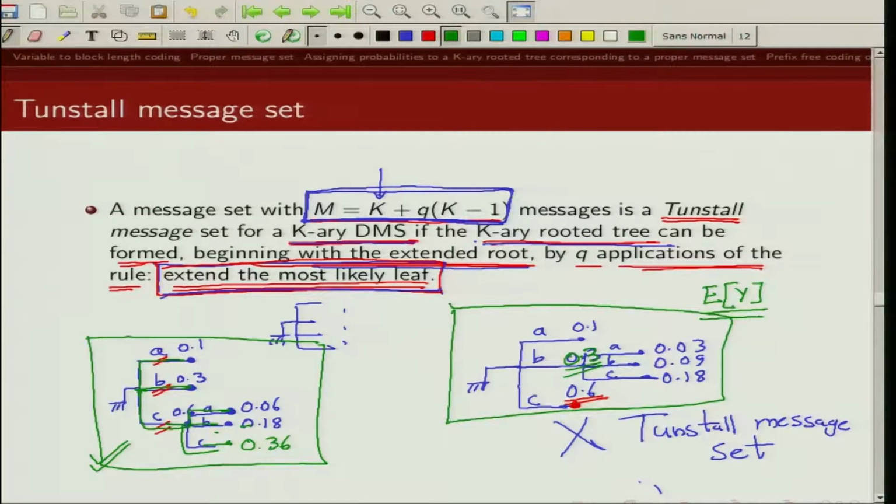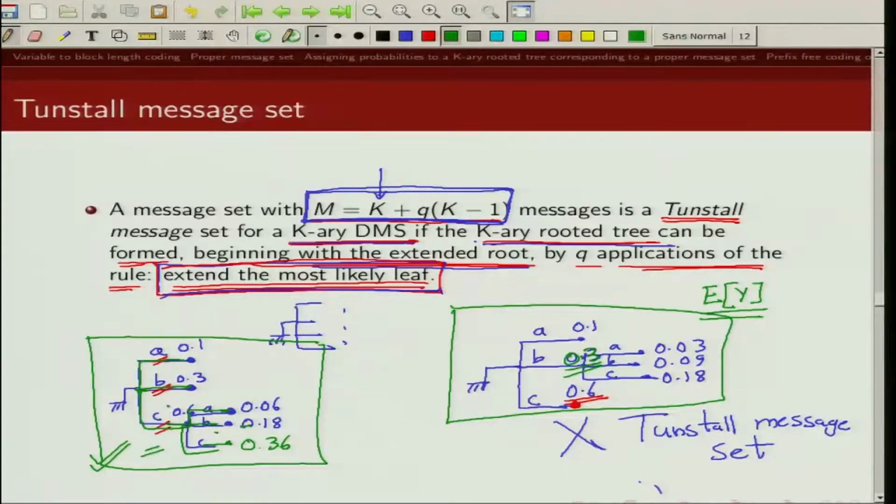Now what I did was, in both the cases I did a single extension of the extended root. In the Tunstall message set I extended the leaf which has 0.6 probability. In this case I extended a leaf which has 0.3 probability. Now compute the expected value of Y here.